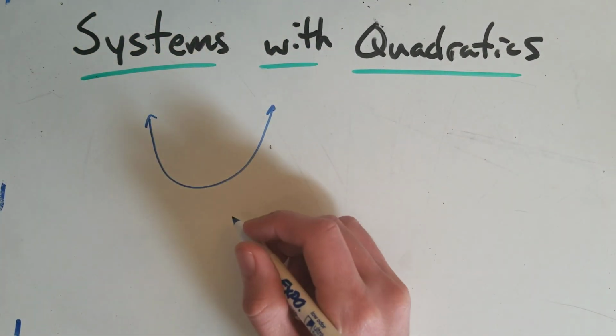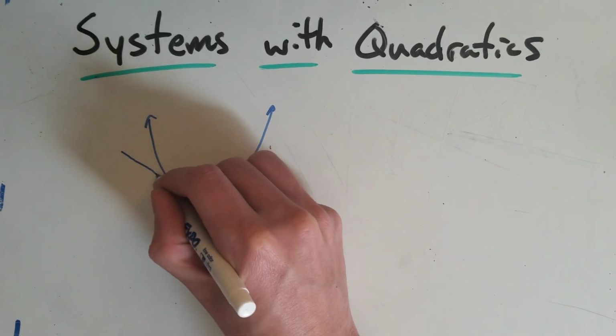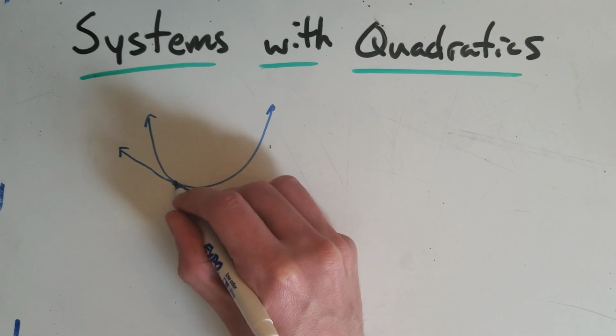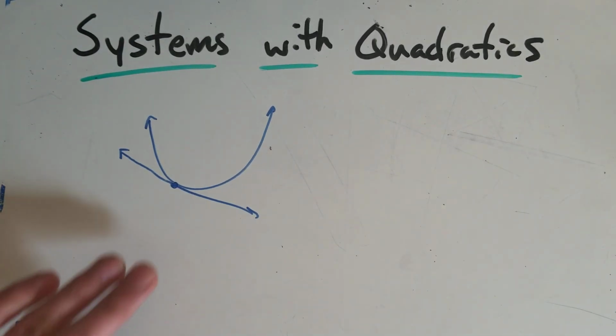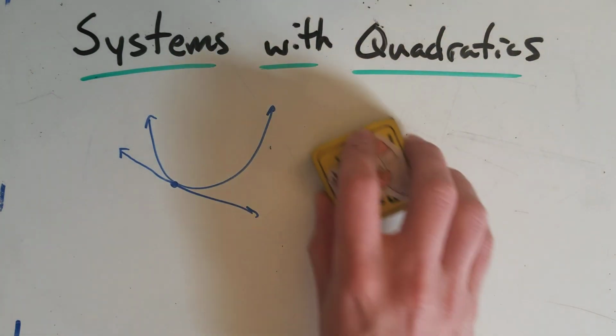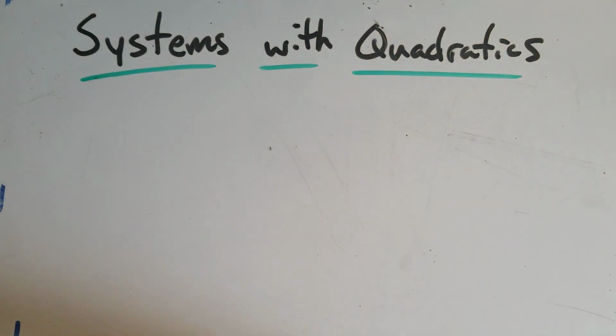Having one solution, maybe the line goes right here and touches just at one point and then goes down. So that would be an example of having one solution with a system of a linear and a nonlinear. And we're going to learn how to solve these algebraically today. So let's jump right in.